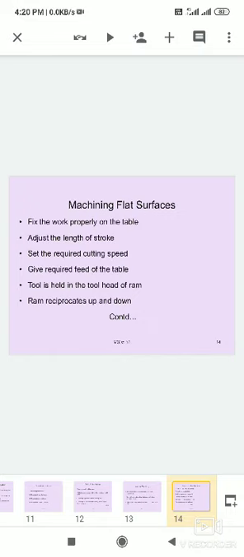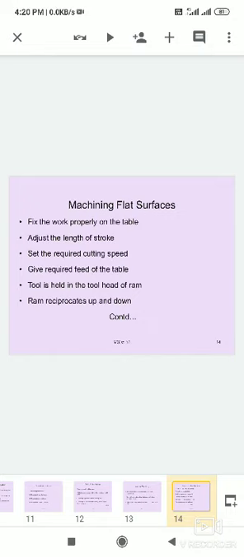Double stroke means a full stroke, comprising the return stroke and cutting stroke. It is expressed in mm per stroke. The feed movement always takes place at the beginning of the cutting stroke. That is called feeding.